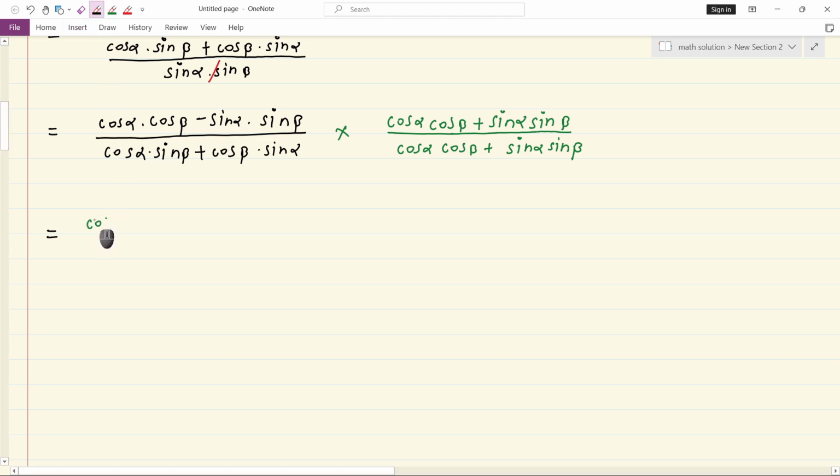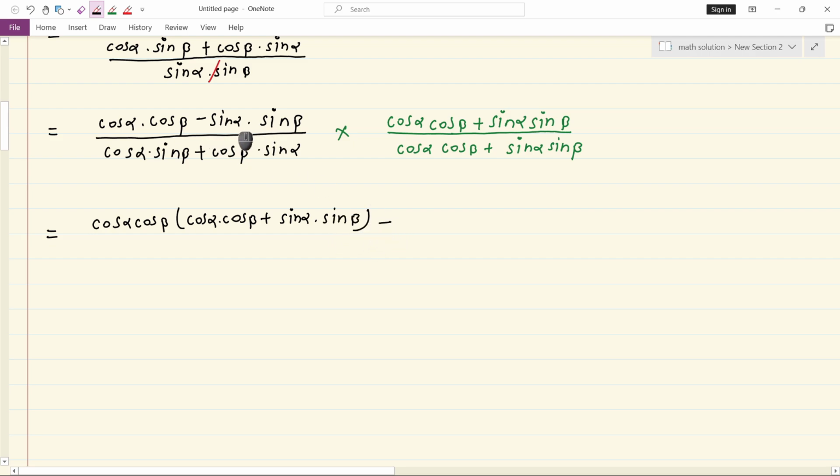Let's change the color. Cos alpha cos beta, multiplying this whole term, cos alpha cos beta plus sin alpha sin beta.